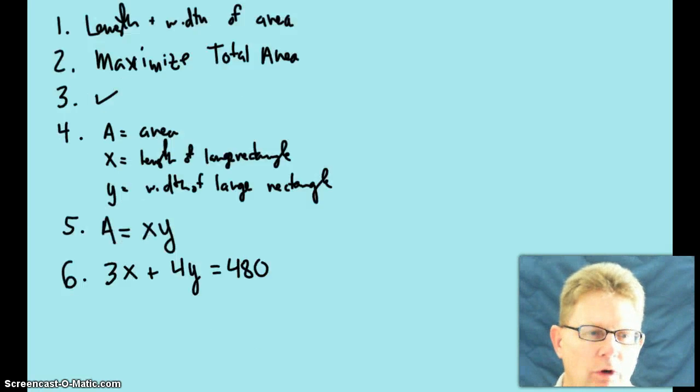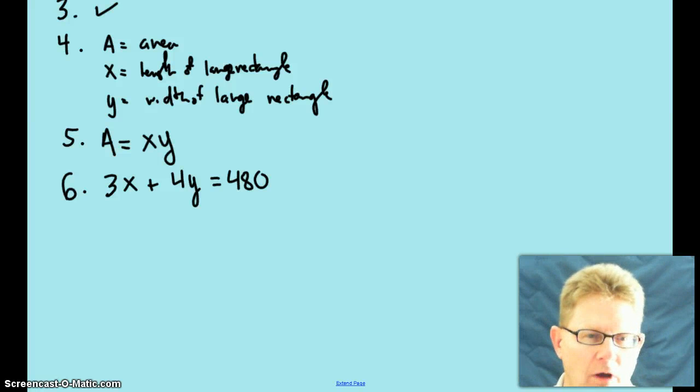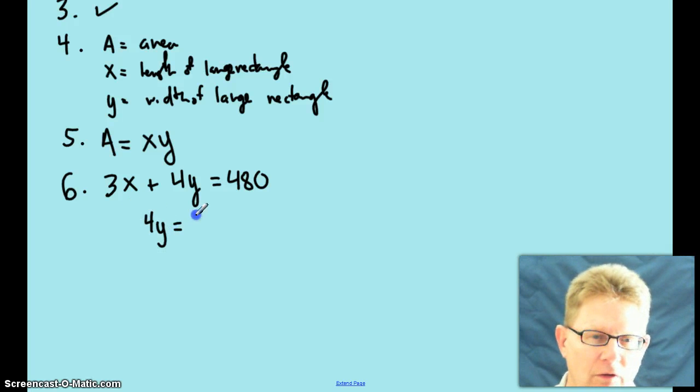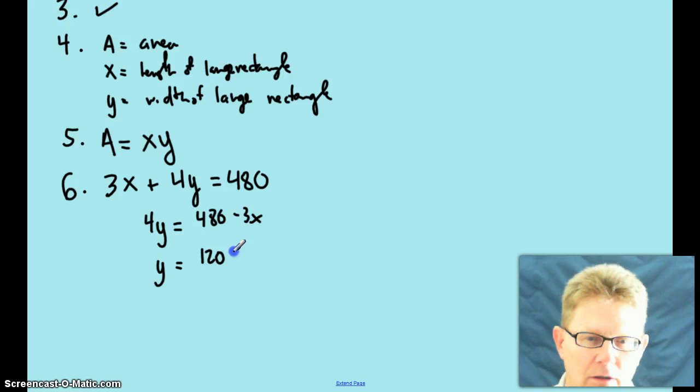So now we're going to solve that equation for y, and then we'll substitute in. So y equals 480 minus 3x. Divide both sides by 4, and we have 120 minus 3/4 x.